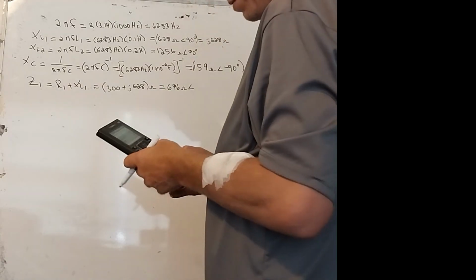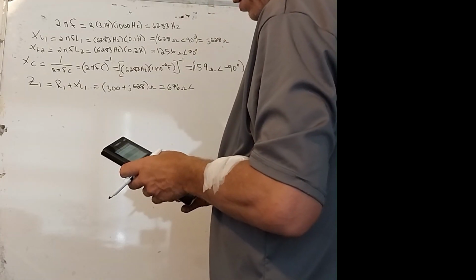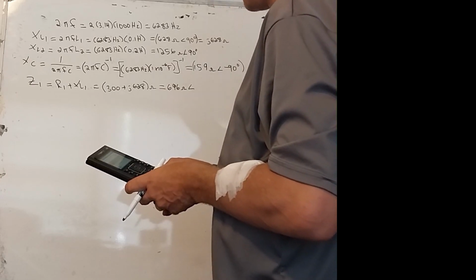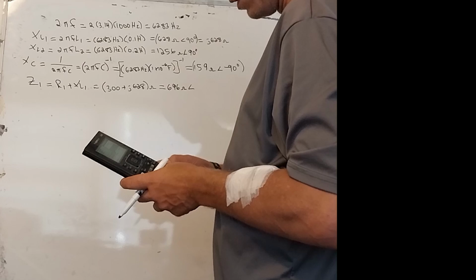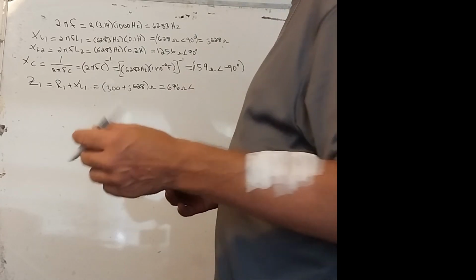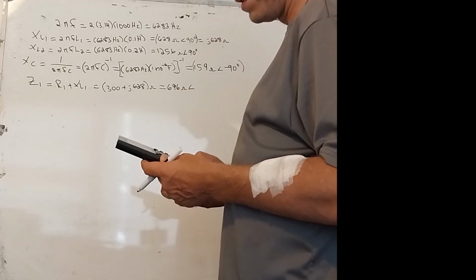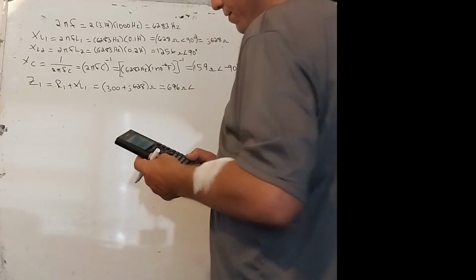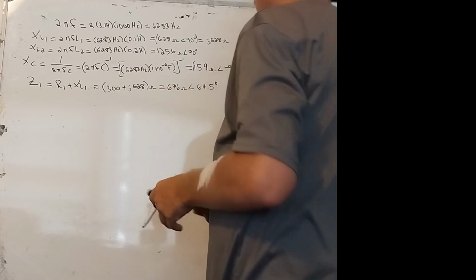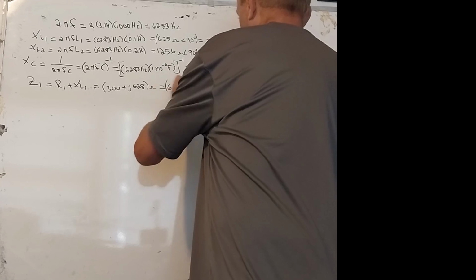The angle is going to be the inverse tangent of the ratio between 628 and 300. It's always magnitude of reactance over magnitude of resistance. 64.5 degrees. All right, so that one is complete.